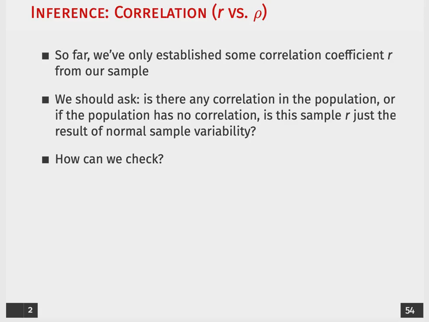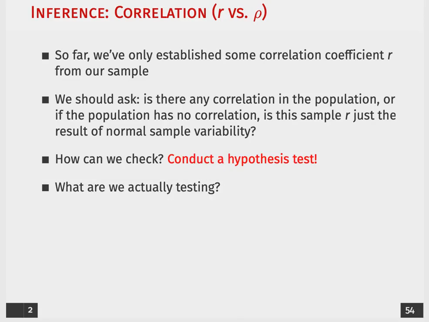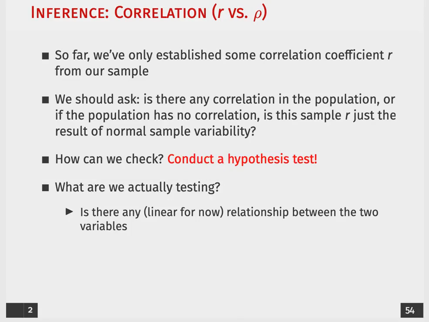Let's think about what we've talked about in previous modules. We're going to conduct a hypothesis test. Now, let's think about what we're actually testing here. We're asking, is there any linear, and I say that in parentheses because we'll talk about how to model nonlinear relationships, but is there any linear relationship between these two variables?